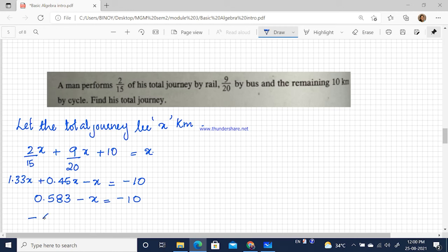So minus 0.417x is equal to minus 10. So x is equal to 10 divided by 0.417. That is equal to 23.98, which is approximately equal to 24.